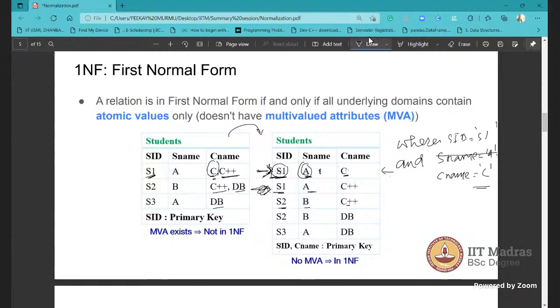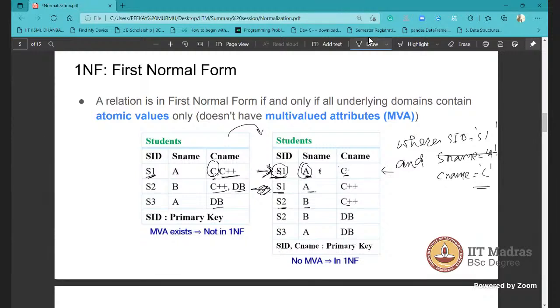If I have a table as a column in a particular CNAME, then only one S1 will be inserted for the primary key, and the rest of the values I can insert into it. So does it follow the first NF? The basic condition for first NF is that the attribute must have atomic values only, right?